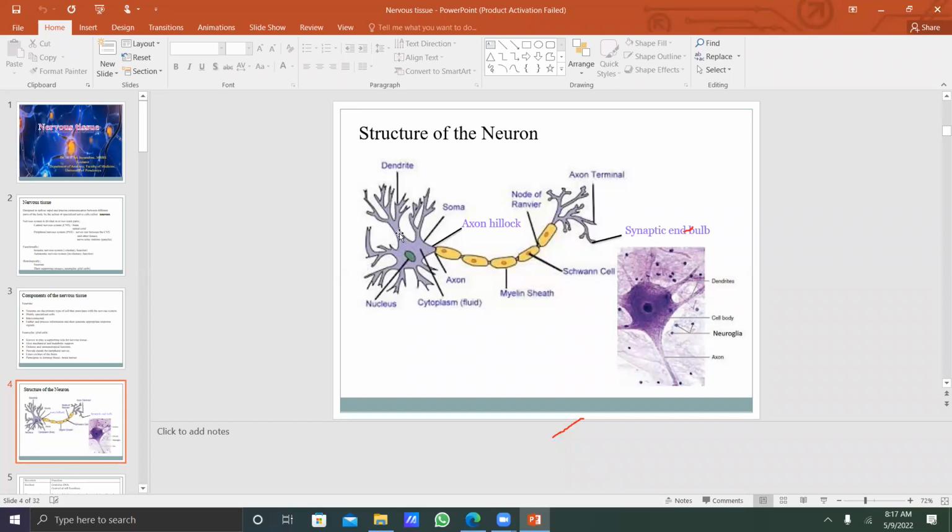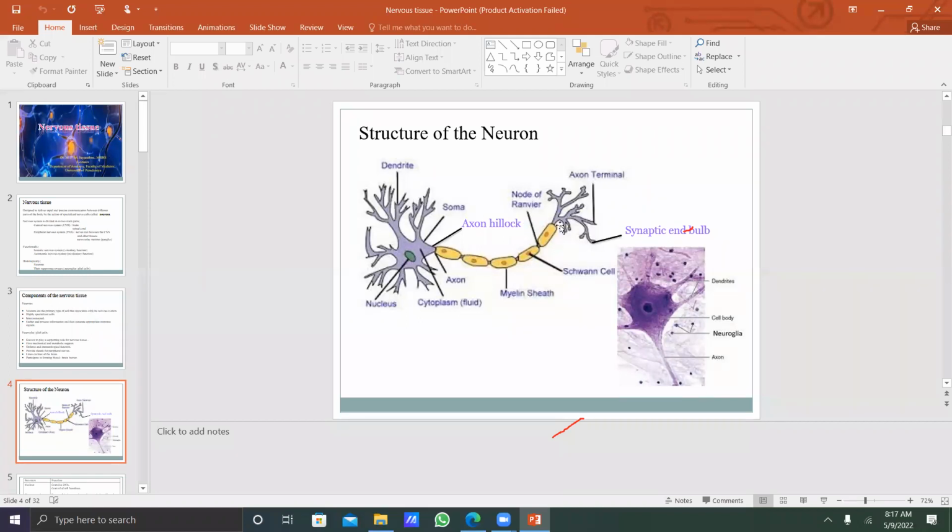Also, there are small processes extending from the cell body, which are called the dendrites. And there is one or more long and large process. It is called the axon.